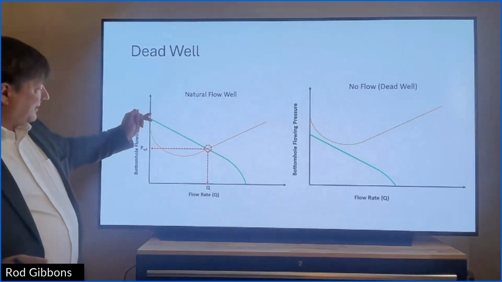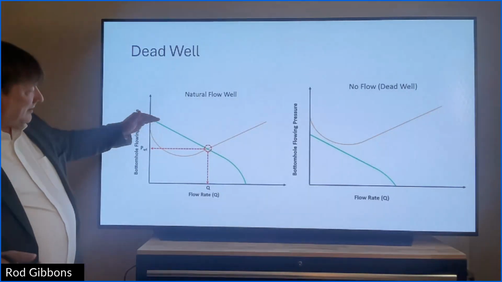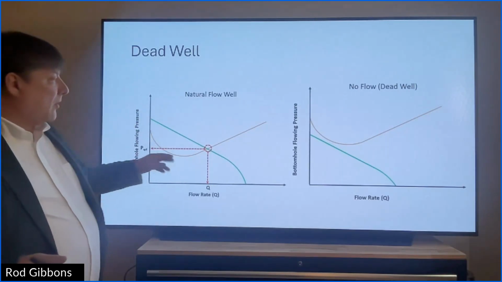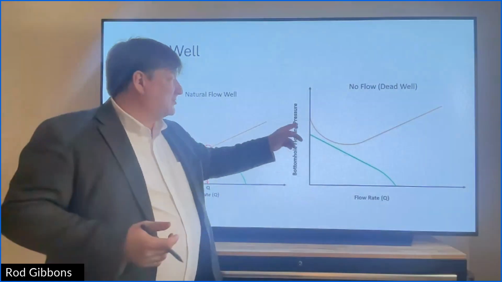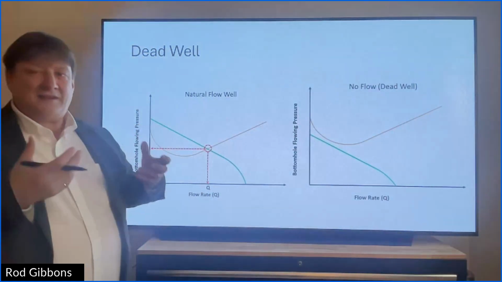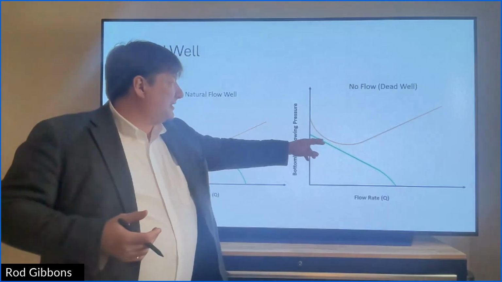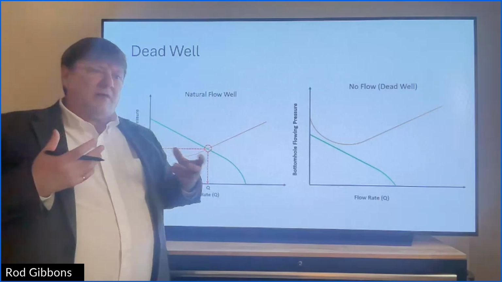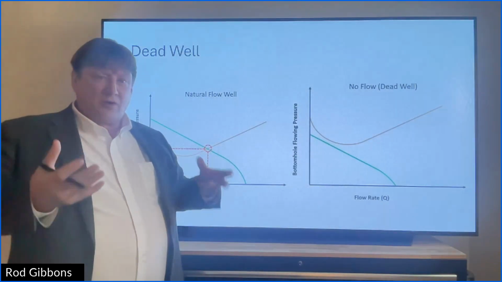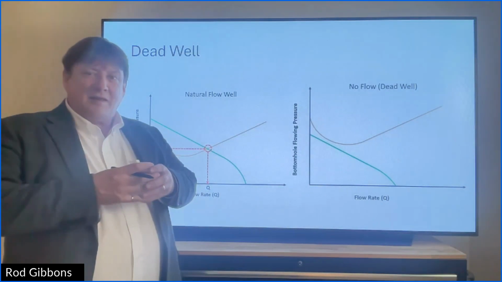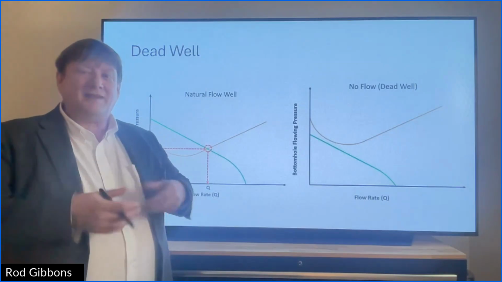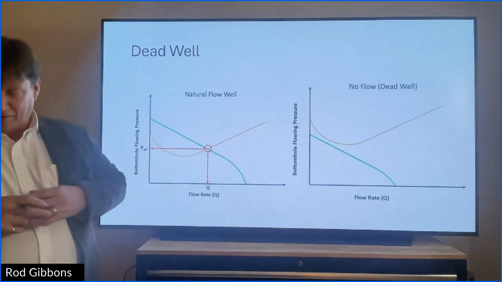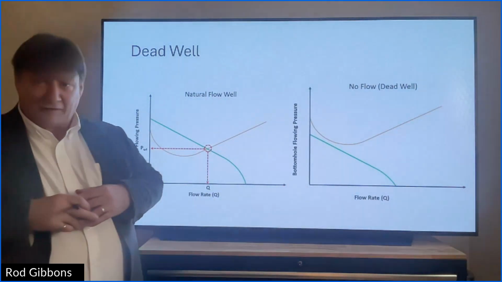Another thing that could happen is you could have skin damage so much that it gives you a dead well, or you could have something strange happen in your tubing that causes the curve to move up. For example, if you have scale or choking behavior or damage in the tubing, you don't have enough pressure to lift on your vertical lift curve.